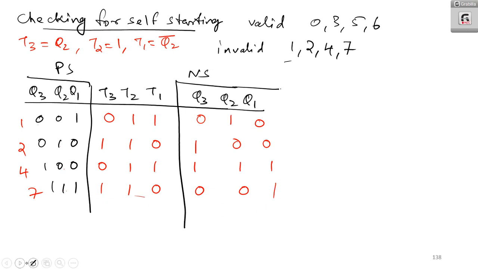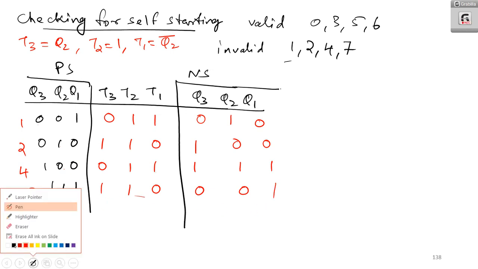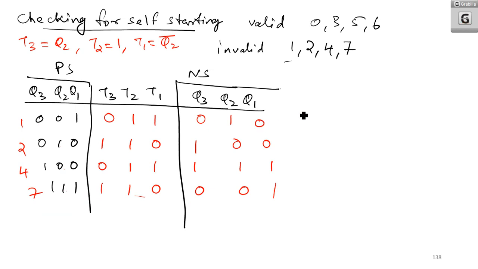Now if you look at the decimal numbers, 0, 1, 0 is 2, 1, 0, 0 is 4, 1, 1, 1 is 7, and 0, 0, 1 is 1. These are the invalid states.